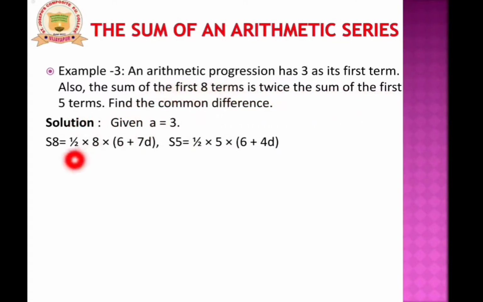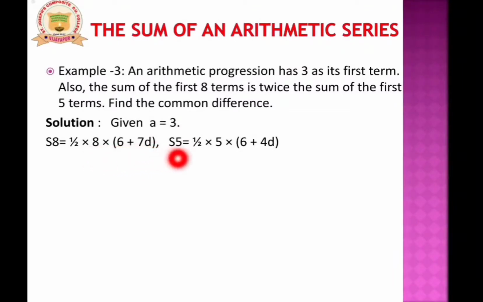First 8 terms means there is S8. S8 is equals to 1 upon 2 into 8 into 6 plus 7d. That is 2a plus n minus 1 into d. 2 into 3 is 6 plus n is here 8, 8 minus 1 is 7, 7d.